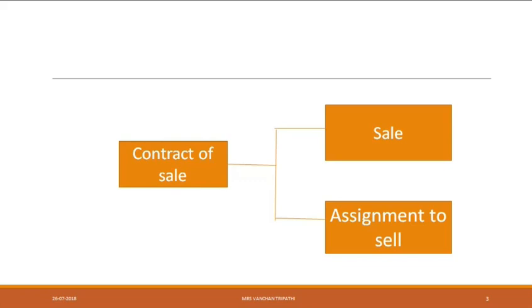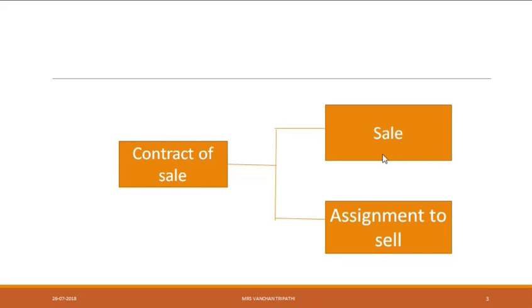Then I'll talk about the agreement to sell separately, so that you will be able to understand the difference between these terminologies. Once you get the difference, you will be able to understand the concept behind the contract of sale of goods. So it's very, very important to know the difference between these two.